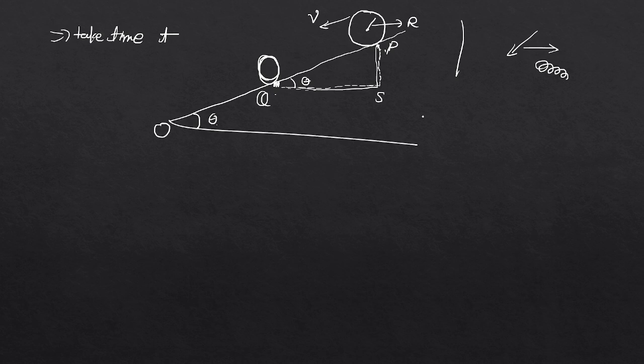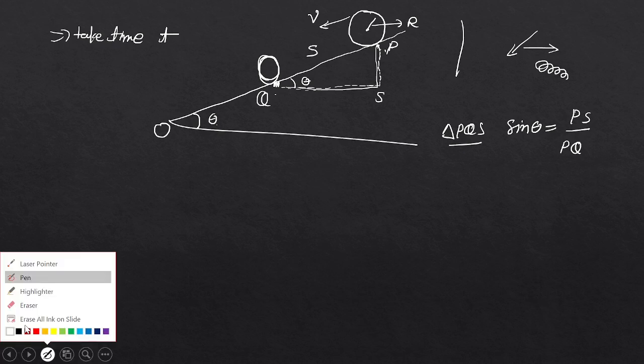Now, applying trigonometry in triangle PQS, what will be sine theta? That will be PS over PQ. Let's suppose the distance between P and Q is S. Sorry, that will be confusing, so let's change the name: let's suppose this distance is x.